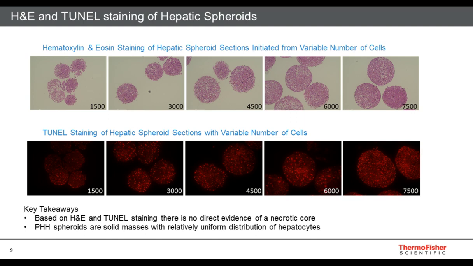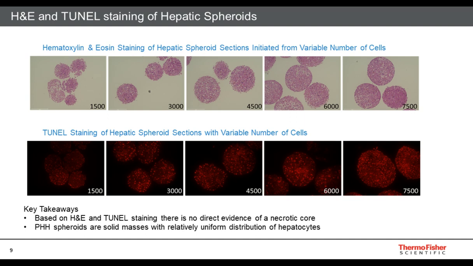Okay, so now a look inside these spheroids. We've got two types of staining here. These are cells that were fixed and stained, and again, the numbers at the lower right of each image represent the starting cell number at the time of spheroid seeding.